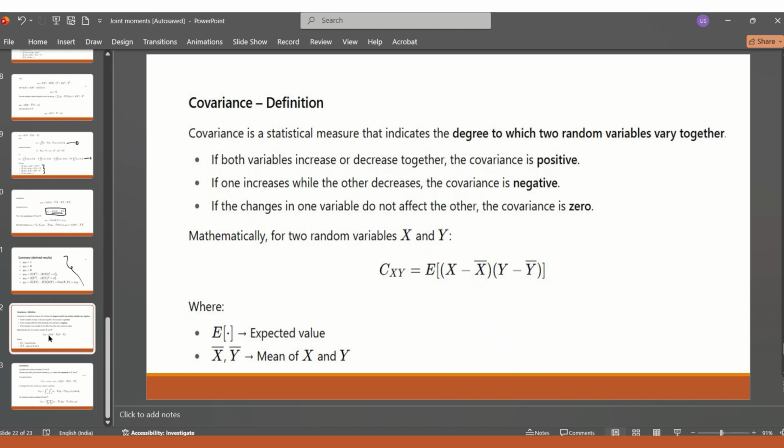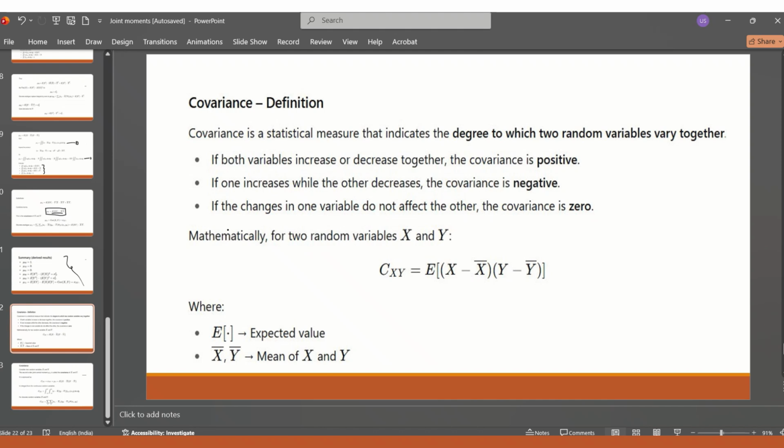Let us see the covariance. Covariance is a statistical measure that indicates the degree to which two random variables vary together. If both variables increase or decrease together, the covariance is positive. If one increases while the other decreases, the covariance is negative.